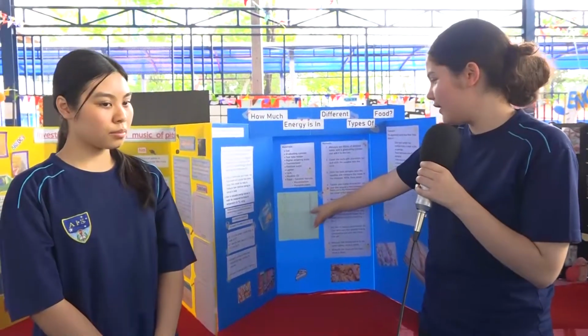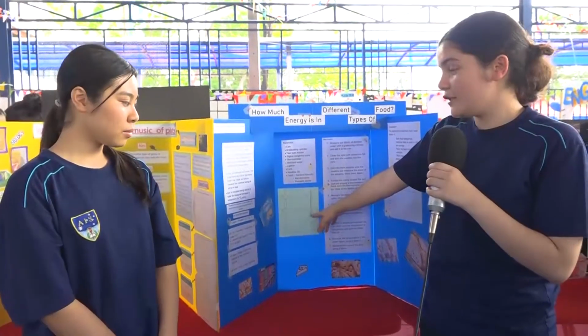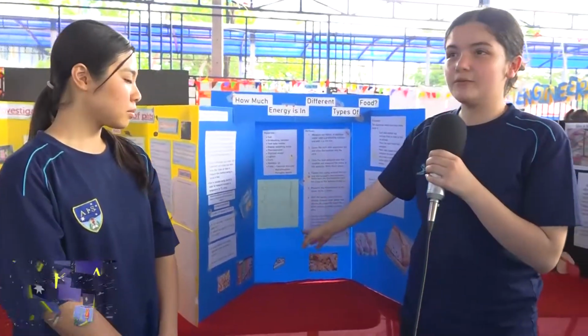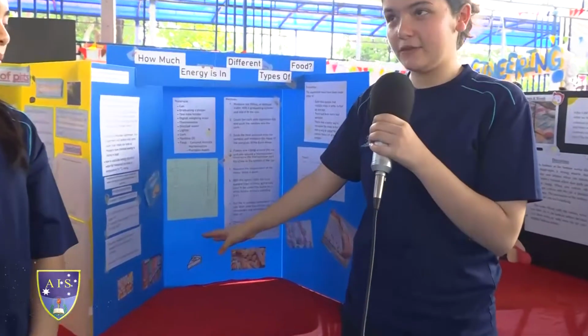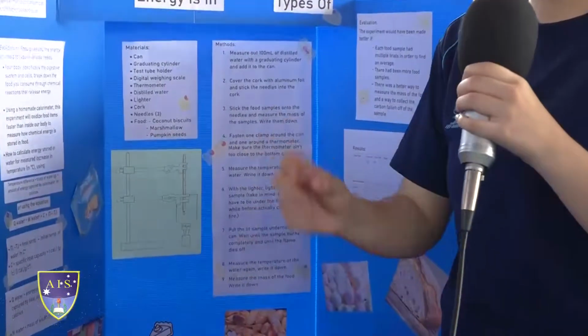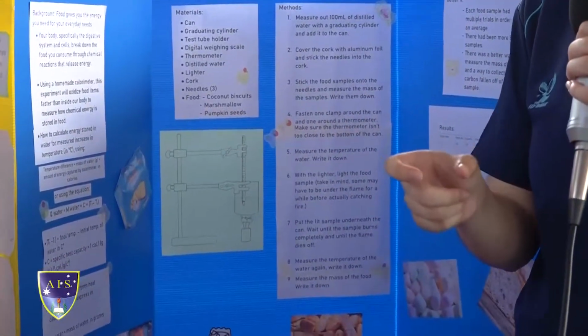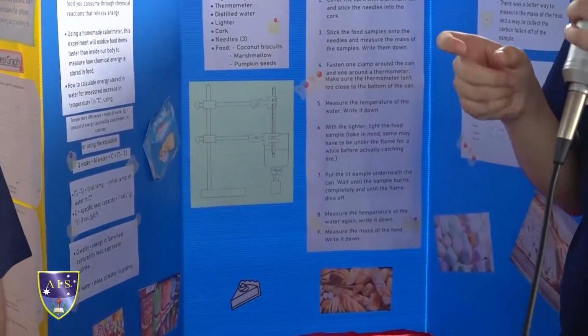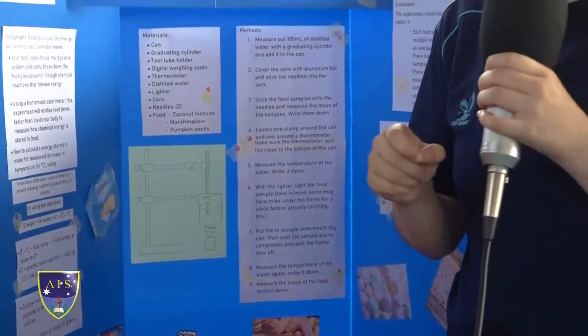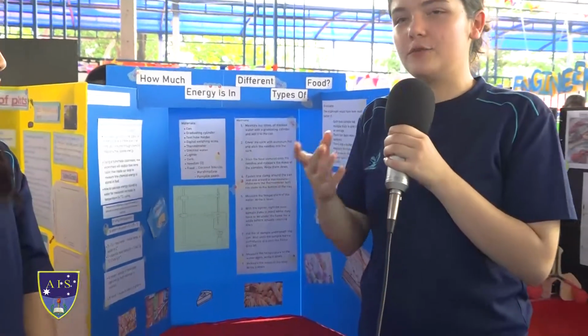This is a stand we used to stabilize a thermometer and a tin can with distilled water inside it. Underneath we have a cork and some needles, and we had food samples stuck on the end of them. We burned the food samples and then calculated how much the temperature has gone up afterwards.